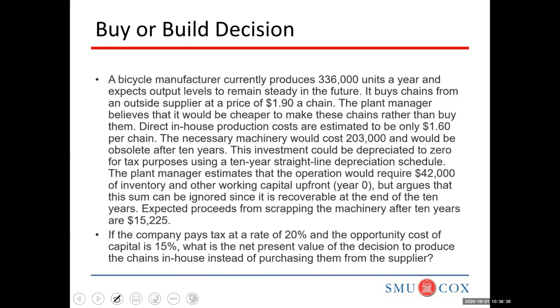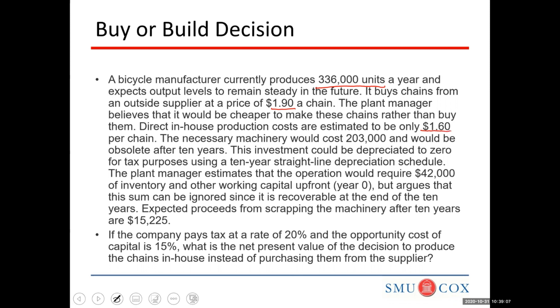All right, so this is a build versus buy decision. The idea here is that the company, a bicycle manufacturer, produces 336 units. And they purchase chains for these bicycles for $190. So they're thinking about an investment that would allow them to build these chains in-house for $160.